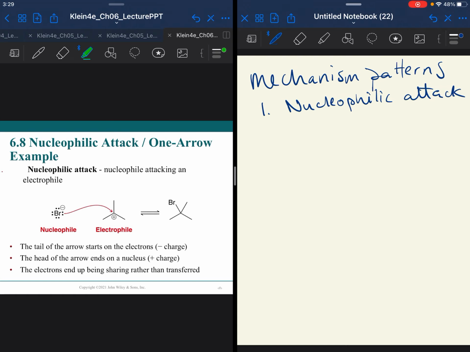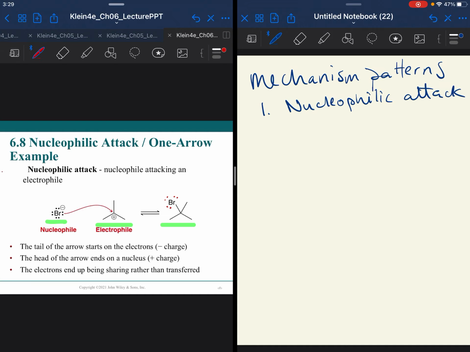In this example, we very simply have a negatively charged bromine and a positively charged carbon. Negative is attracted to positive. And if we look at the product, we see a new C-Br bond has formed. If we want to be complete here, that bromine doesn't have a charge. So I know common bonding patterns, it has 1 bond and 3 lone pairs.